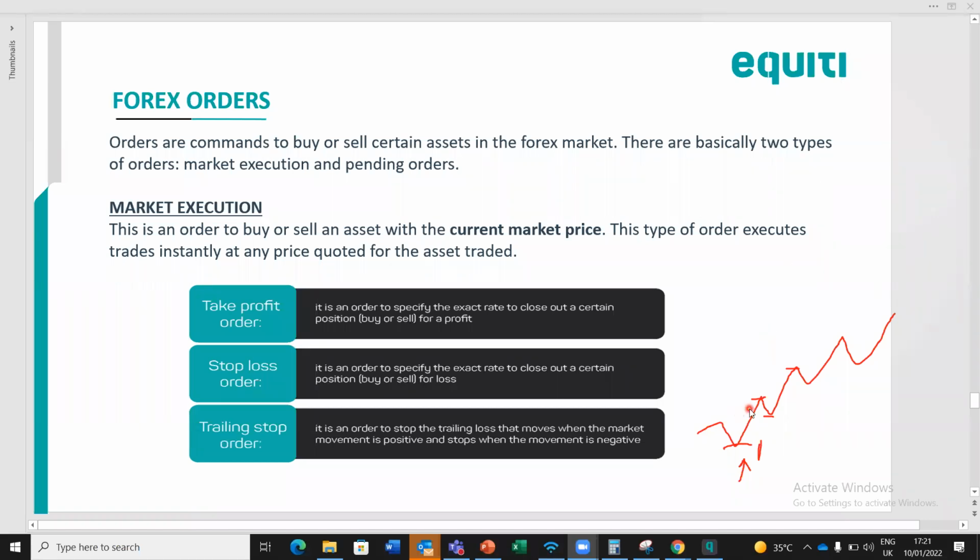So this asset moves all of this way, from 1 to 2 to 3 to 4. Now, the farther it gets from when you enter the market, the bigger the profits that you make. So as it keeps going farther from your entry price, your profits keep getting bigger.